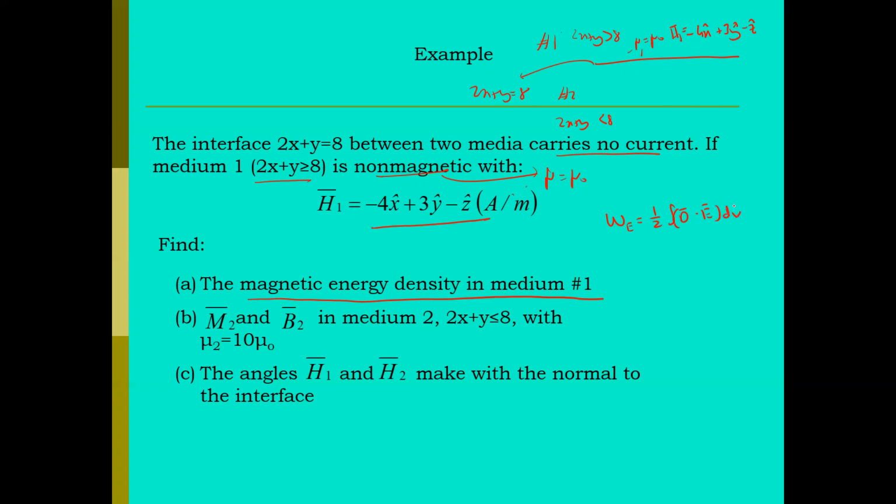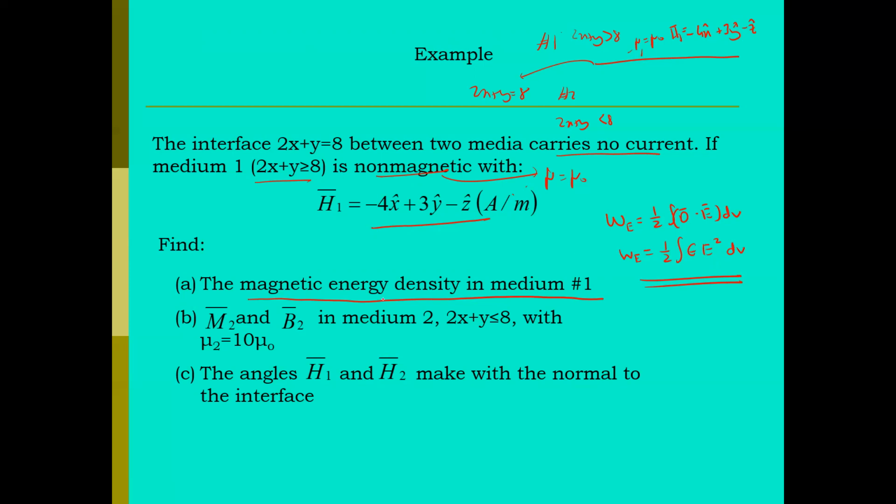This can be written as half integration of epsilon E squared dV, which shows that the electrostatic energy is determined by the electric field intensity. This is what we learned in chapter 4.